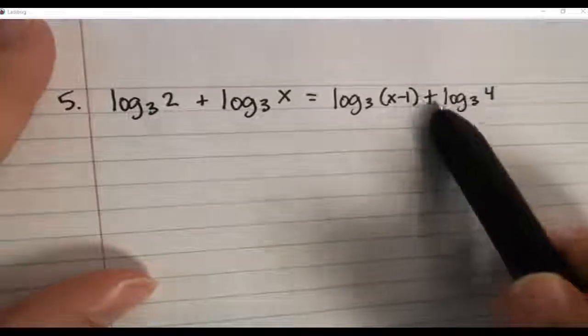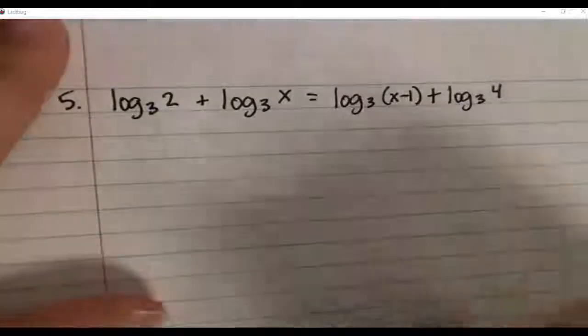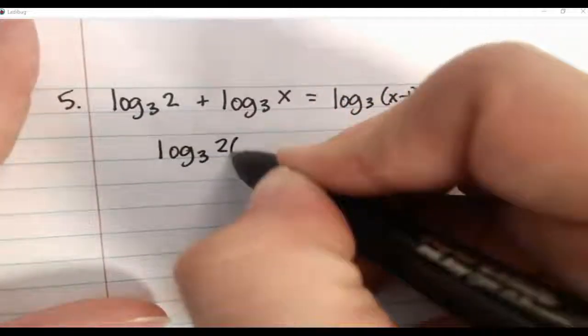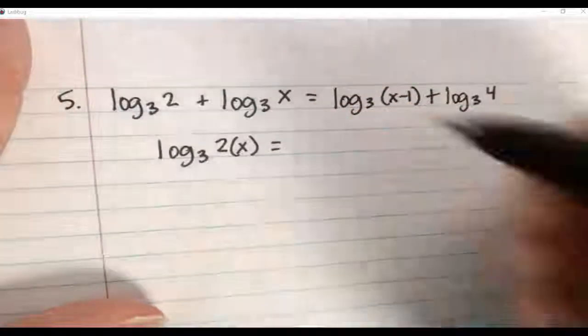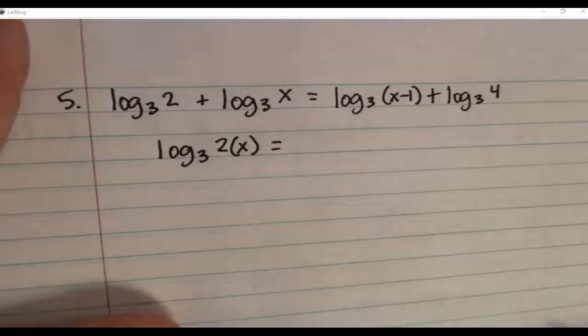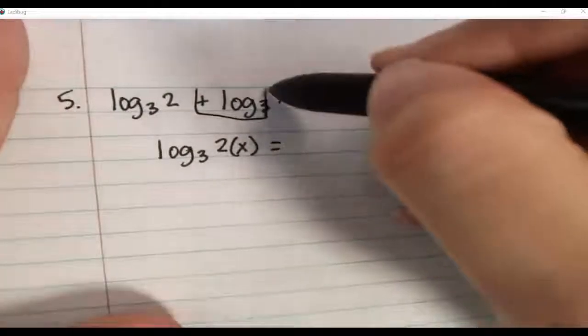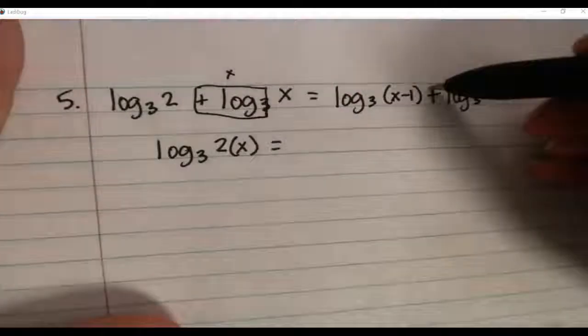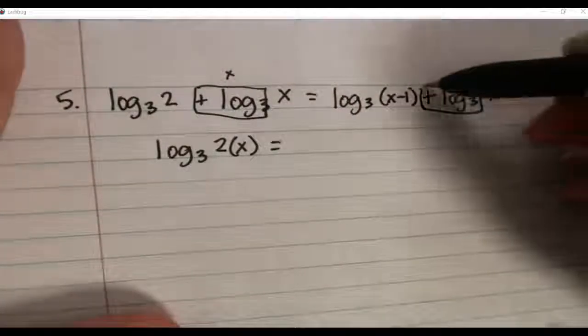So what does addition become? Multiplication. Good. So this first one will become log base 3 of 2 times x. Because again, the plus and that second log becomes multiplication. And then same thing over here on the right.